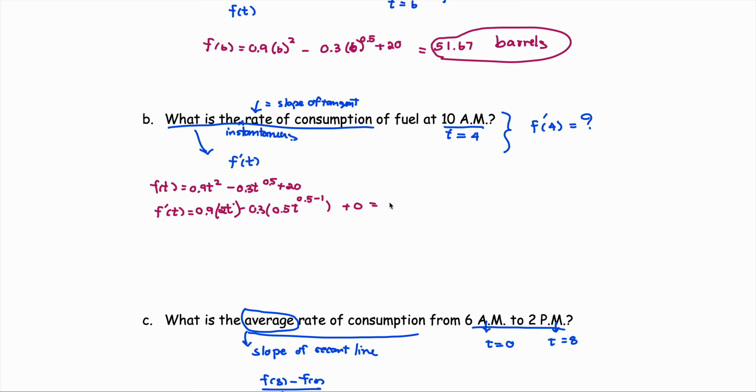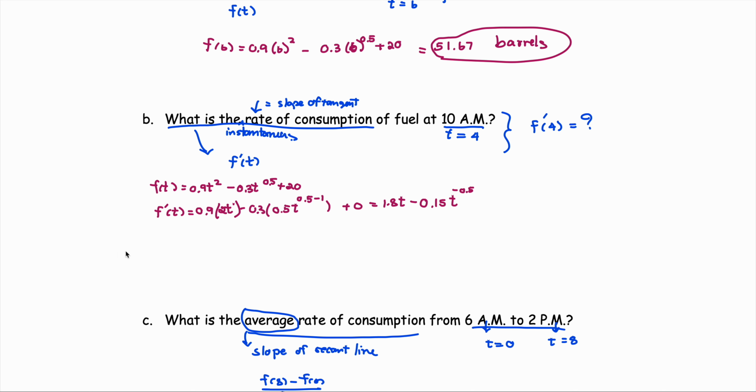Then simplify to be 1.8t minus 0.3 times 0.5, or 0.15. The power of the second term is negative 0.5 from simplifying 0.5 minus 1. Now you have the derivative, or f'(t).